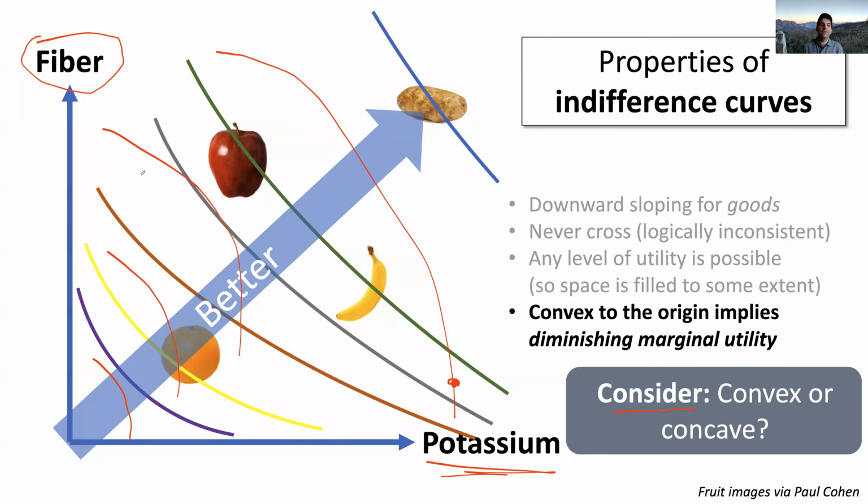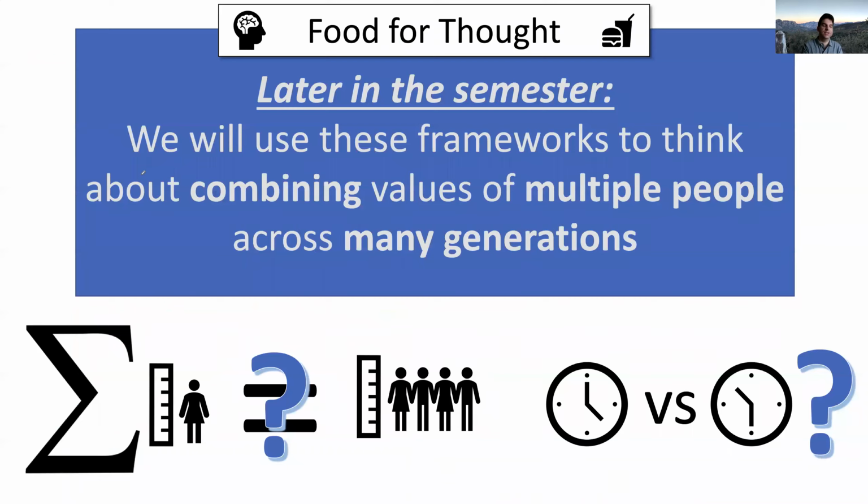All right, so just looking forward, much later in the semester, we've already talked about how you combine goods into one utility function for an individual. Then we're going to have to think about, once we have multiple individuals, I have my preferences and you have yours. When we make policy, how do we combine my preferences with your preferences to make something that is going to be good for society as a whole?